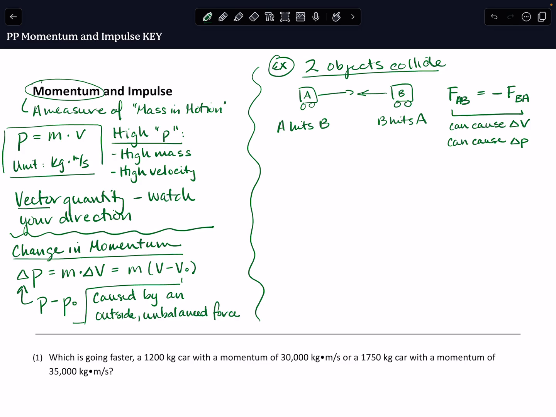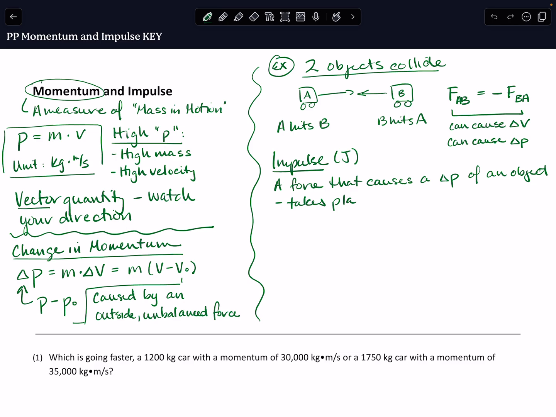Now, these forces, because they occur over such a short time period, have a special name, and we call them impulse interactions. All right, so impulse is represented by a letter J. All right, this is a force that causes a change in the momentum of an object, and it takes place over a short time.